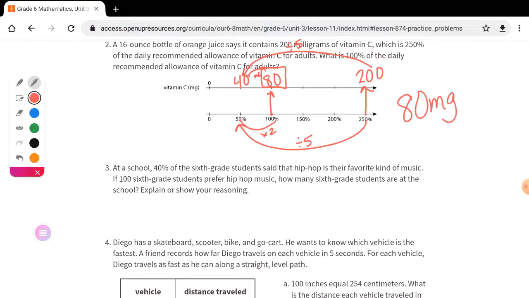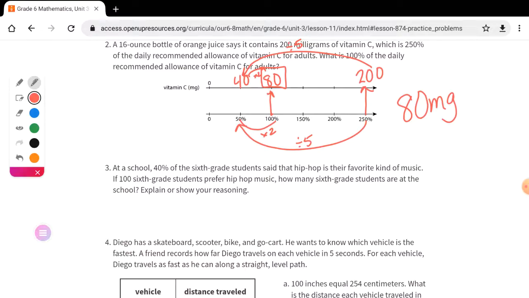Number 3. At a school, 40% of the 6th grade students said that hip hop is their favorite kind of music. If 100 6th grade students prefer hip hop music, how many 6th grade students are at the school?